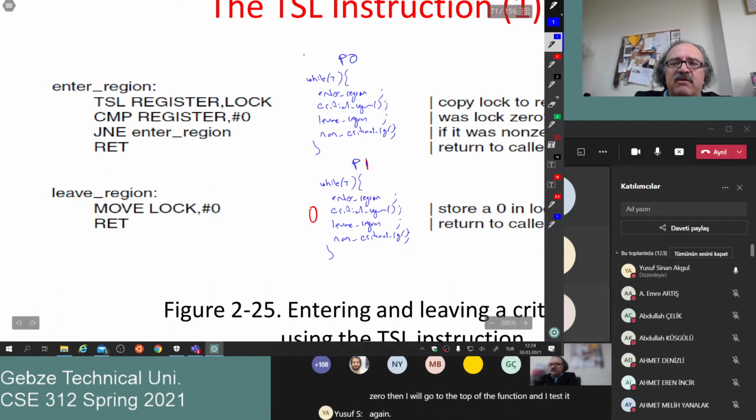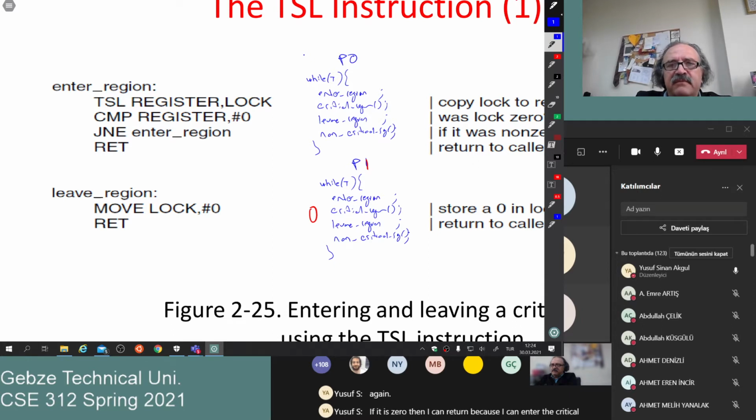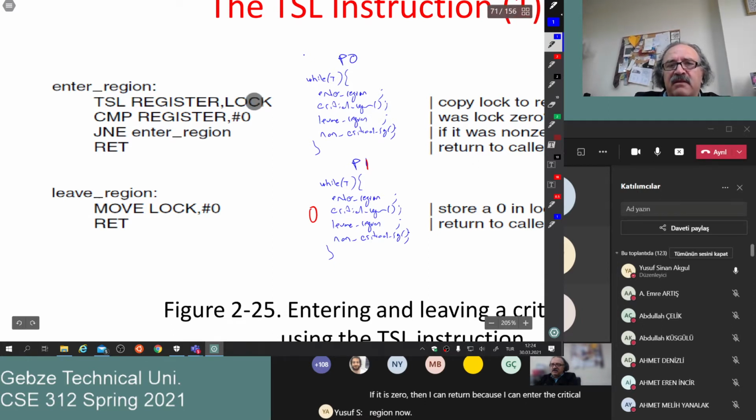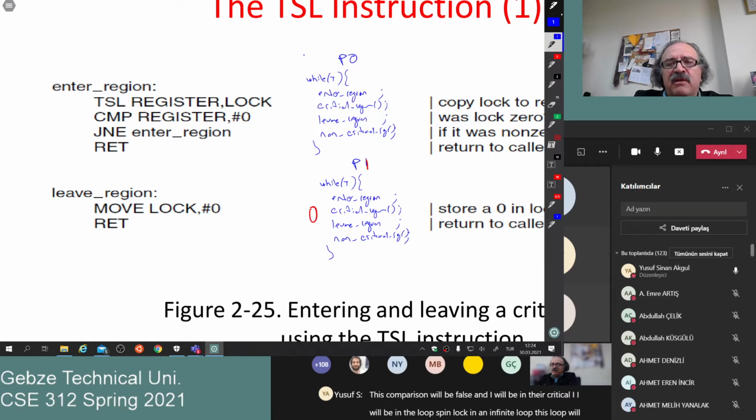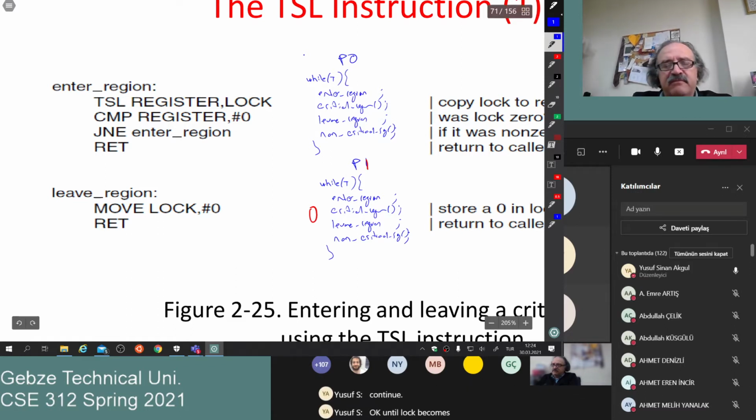If it is 0, then I can return because I can enter the critical region now. If lock is 1, this comparison will be false, and I will be in the loop, a spin lock, in an infinite loop. This loop will continue until lock becomes 0.